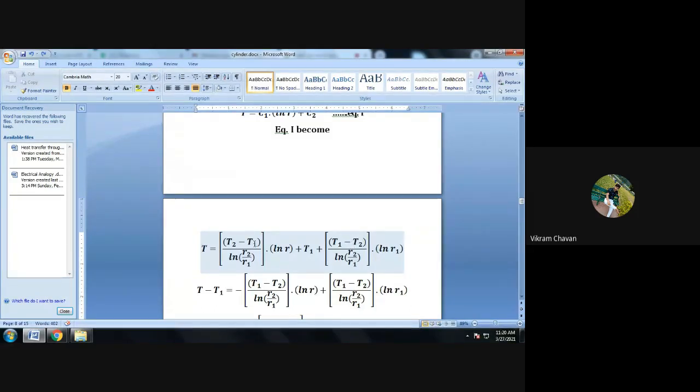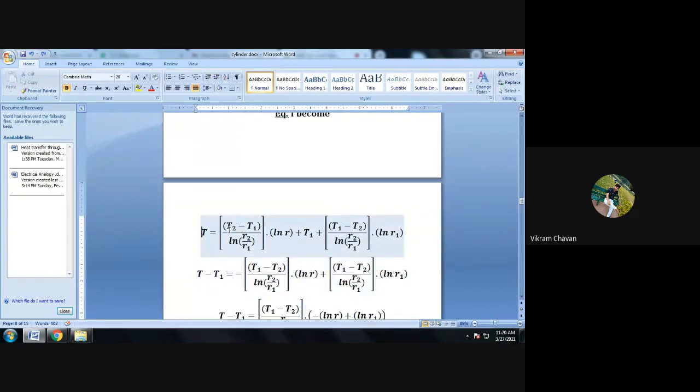To match the format, we have taken the minus sign common from the first term, so T2 minus T1 becomes minus, bracket T1 minus T2 whole divided by ln of R2 divided by R1, bracket complete, multiplied by ln of R, plus another bracket, remaining as it is, T1 minus T2 whole divided by ln of R2 divided by R1 multiplied by ln of R1.